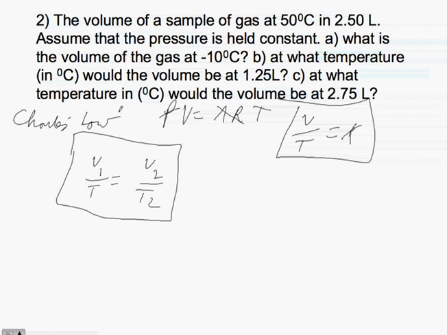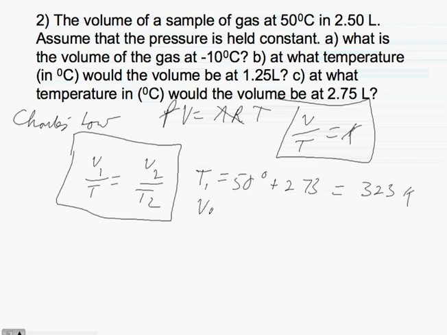Alright, so as we read the problem, we label it. A volume of a sample of gas at 50 degrees Celsius, so that's the first temperature I come to. T1 is equal to 50 degrees Celsius. When you're dealing with Charles's law, you have to convert everything to Kelvin. So if I add 273, this gives me 323 Kelvin.